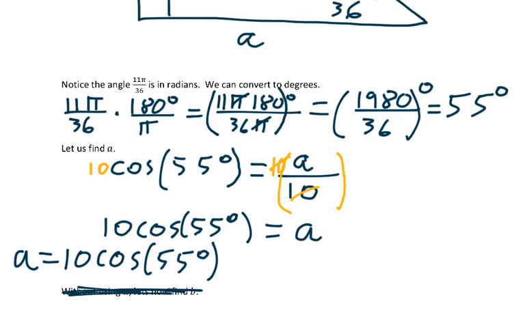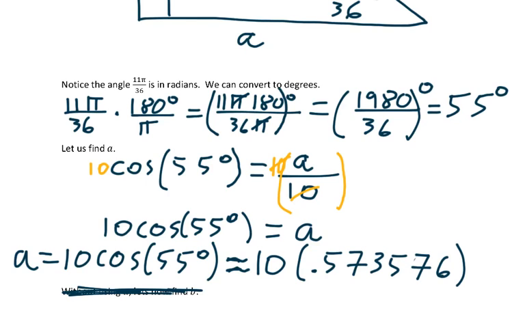So from there, now, so what do we get? Well, cosine of 55 degrees is about 0.573576. Excuse me, let's be consistent. In the previous part, we used 6 decimal places, so I'm going to use 6.